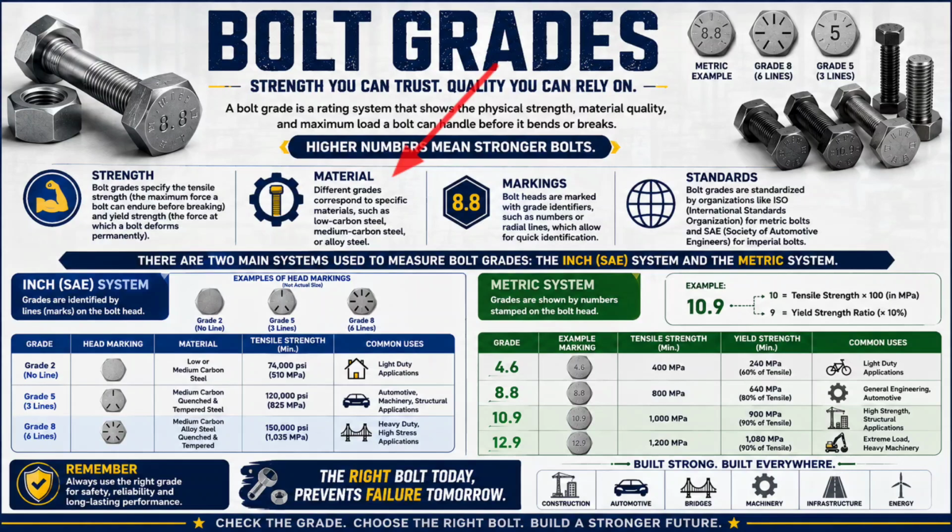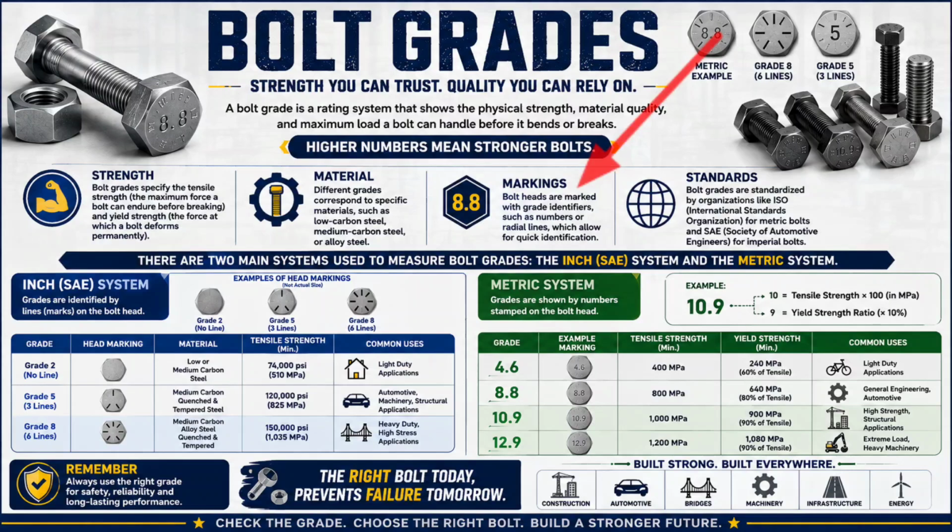Coming to material, different grades correspond to specific materials such as low carbon steel, medium carbon steel, and alloy steel. Coming to markings, all these bolt heads are marked with specified grade identifiers such as numbers or radial lines.